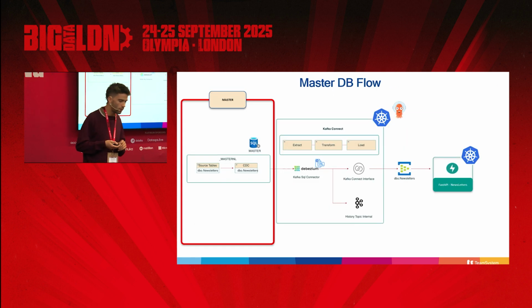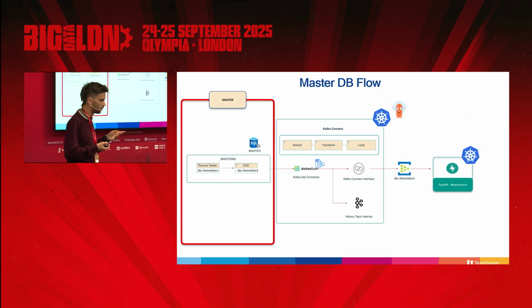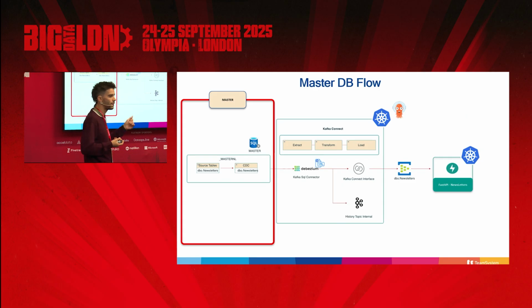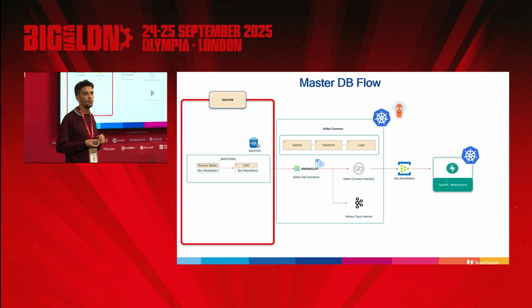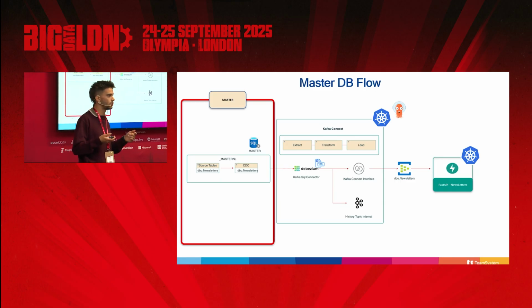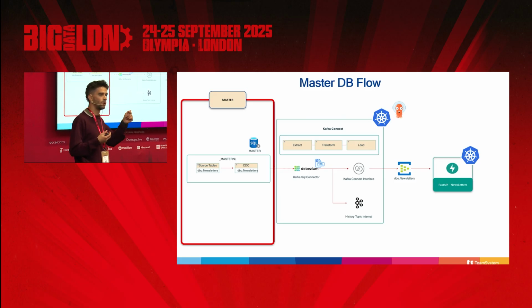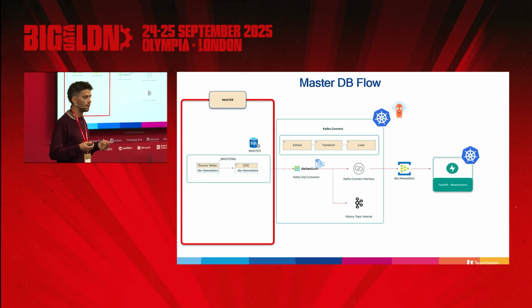But we have one special server, which is the master server, and inside this server we have one database with one table in which we have all the information about the location of each database. So imagine that you have one column with the database name and one column with the server.